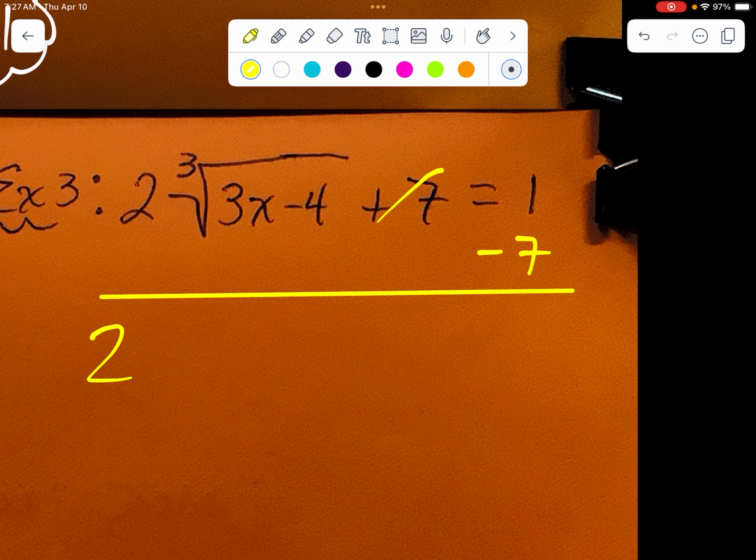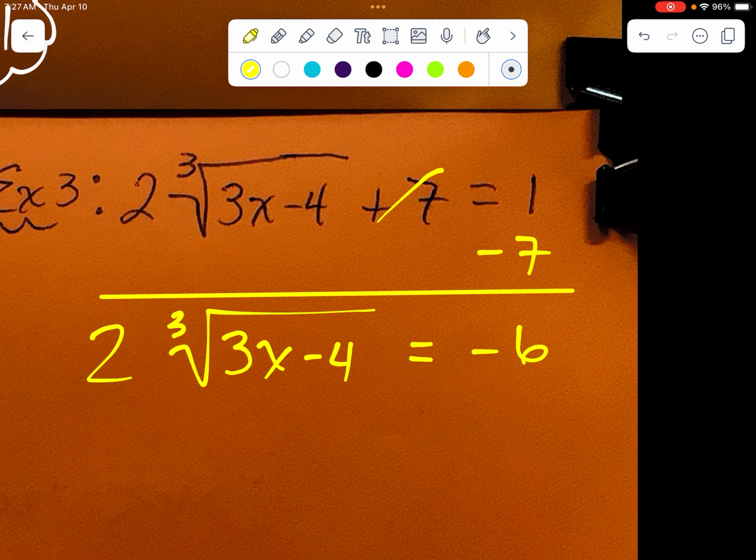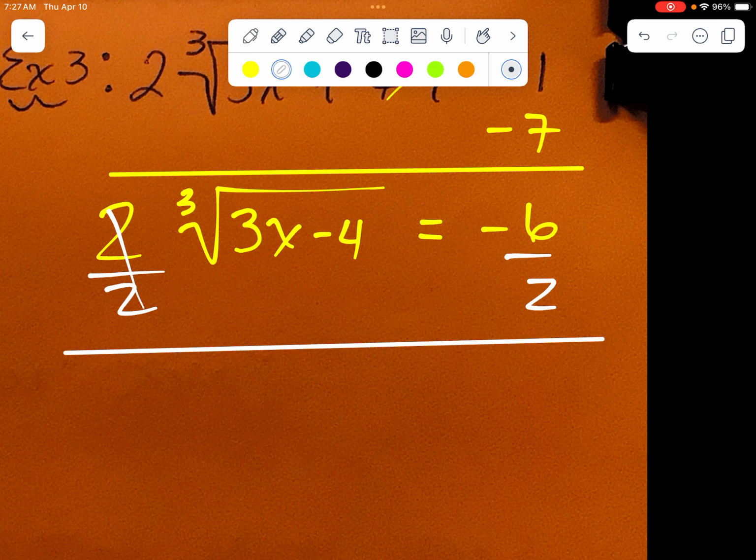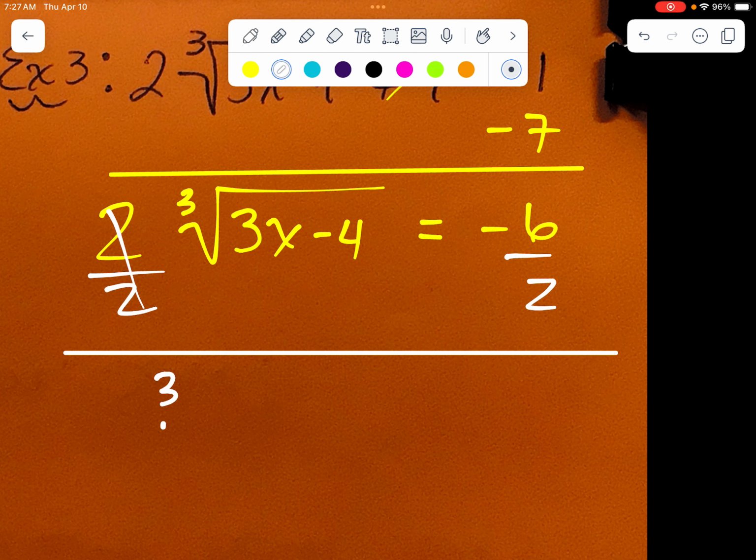Bring down what you have left. 2 times the cube root of 3x minus 4 equals negative 6. The opposite of multiplying 2 times the house is to divide by 2. Bring down the cube root of 3x minus 4, that's our house, equals negative 3.